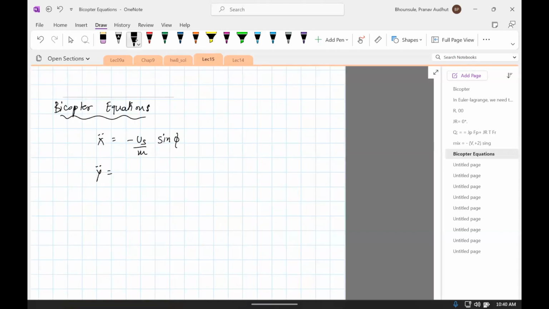So y double dot equals u_S divided by m times cosine phi, minus g. And then finally, phi double dot equals 0.5 L divided by I times u_D, where u_S is u1 plus u2, and u_D is u2 minus u1.